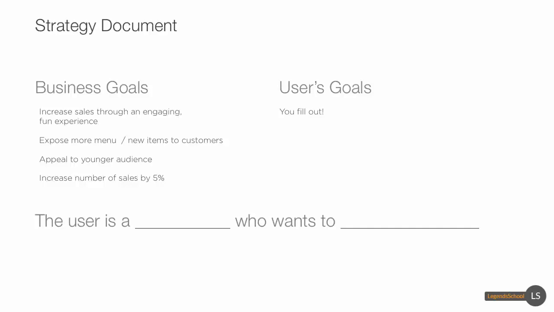For example, if you have a house full of teenagers and you're observing them as they order pizza and you know that they're often cash strapped, you could write a statement such as, the user is a hungry teenager who wants to get pizza cheaply. And that'll give us a nice, handy reference to design towards as we move forward in this course.